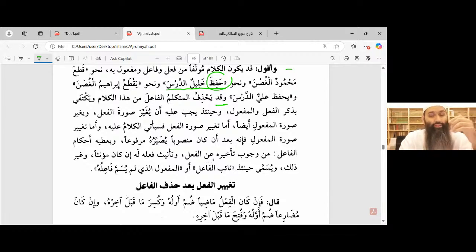The نائب الفاعل must also come after the fi'l. وَتَأْنِيثِ فِعْلِهِ لَهُ إِنْ كَانَ مُؤَنَّثًا. If the na'ibul fa'il is mu'annath, then the fi'l has to be mu'annath too, just like when a fa'il is mu'annath. وغير ذلك, and other than these rulings.